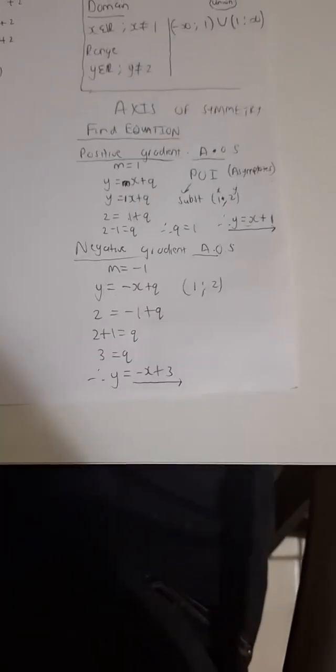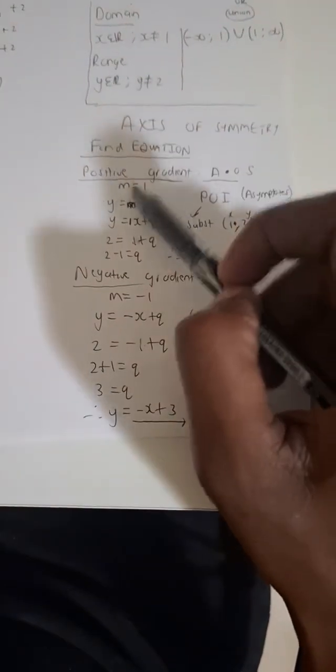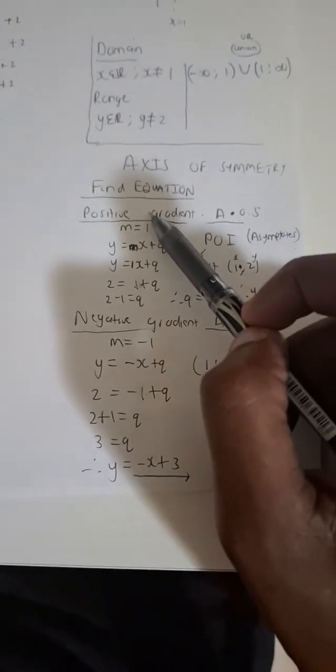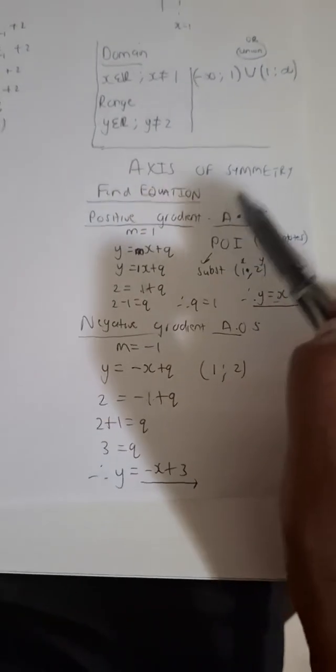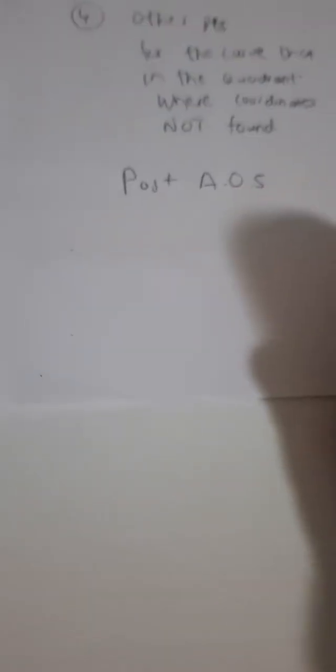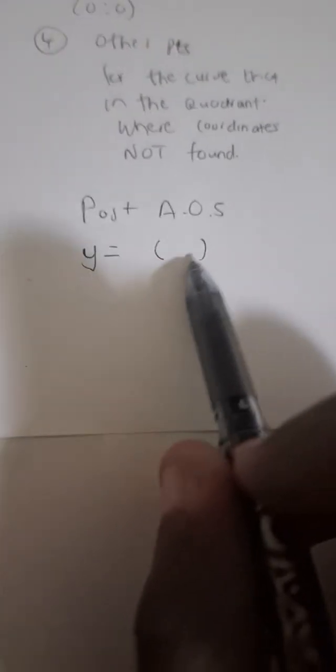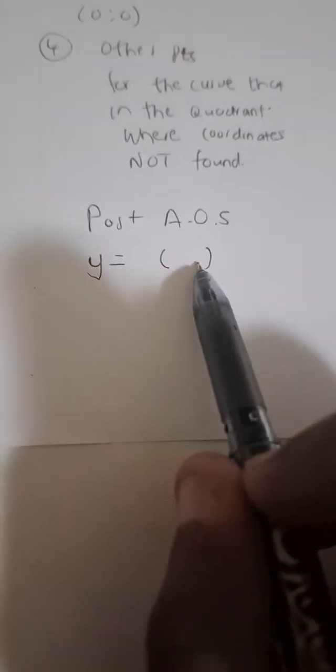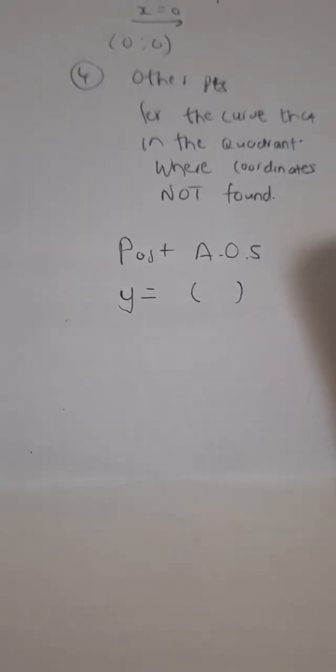I know some people may feel that this is quite long, finding the positive gradient axis of symmetry. Isn't there a quicker way? Let me suggest another way to find the positive axis of symmetry, where you write y is equal to, and write brackets there to accommodate the denominator of the expression of your function.